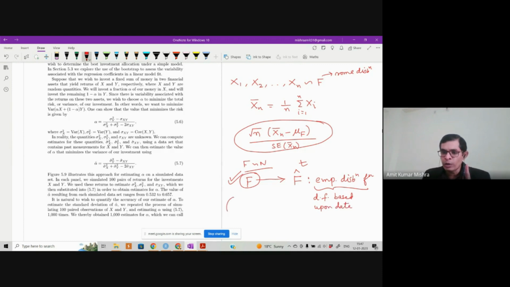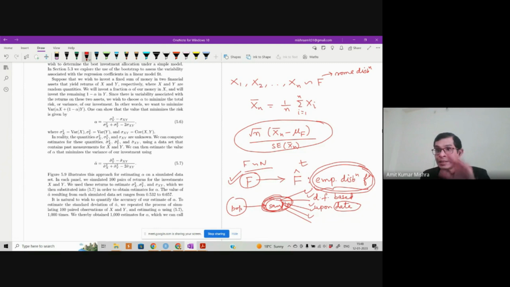You recall, from the population you select a sample, and from the sample you select many bootstrap samples. So this sample is what we are calling data. Based upon this data, we find the empirical distribution function, and based upon that, we find different bootstrap samples. This is the mathematics or idea behind the resampling technique which we use in bootstrap.